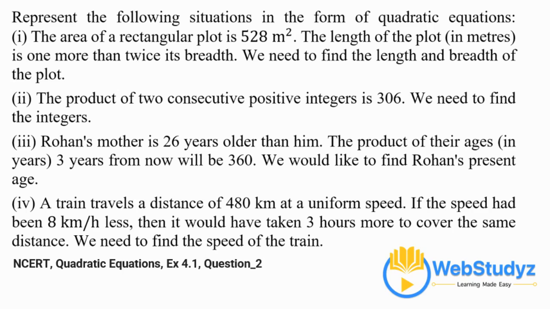Move on to the third question: Rohan's mother is 26 years older than him. The product of their ages in years 3 years from now will be 360. We would like to find Rohan's present age. So let's start the solution.